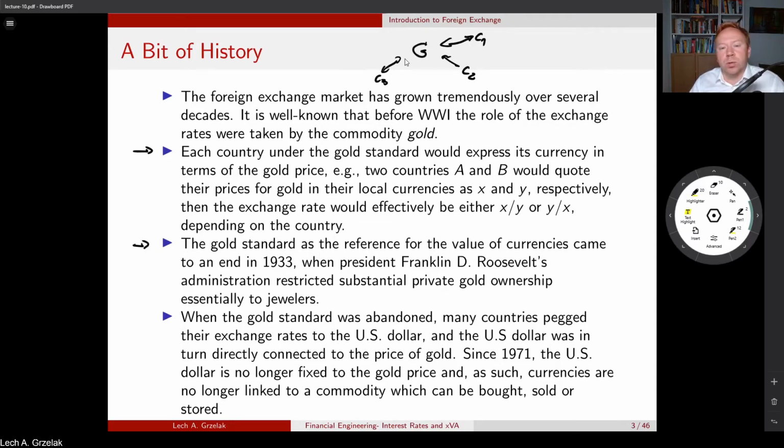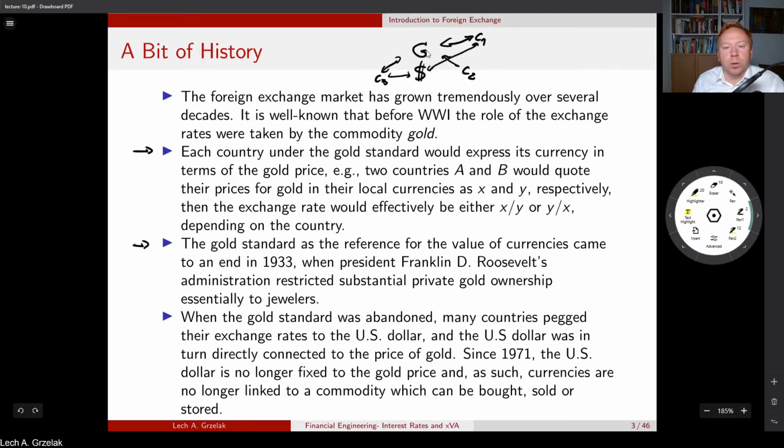In Bretton Woods it was agreed that the dollar would play that role. This means that instead of gold, we would use dollars that would be backed by gold. So it was a very efficient way of transferring goods, because if one country would like to buy goods from another country, then instead of gold, the transfer would go from one local currency to dollars, and then be exchanged to the other currency.